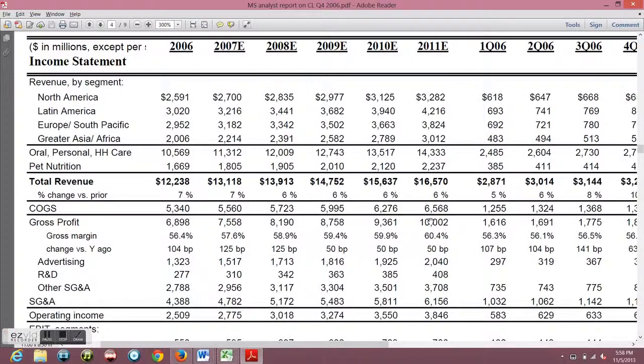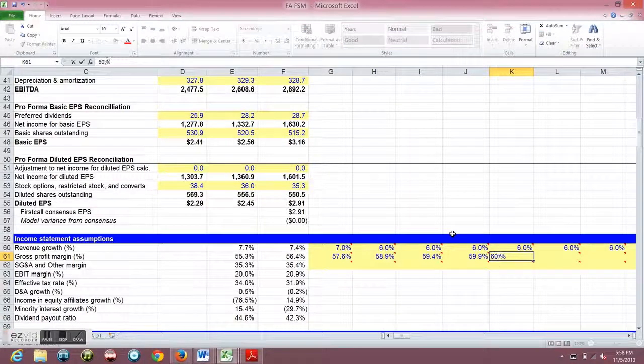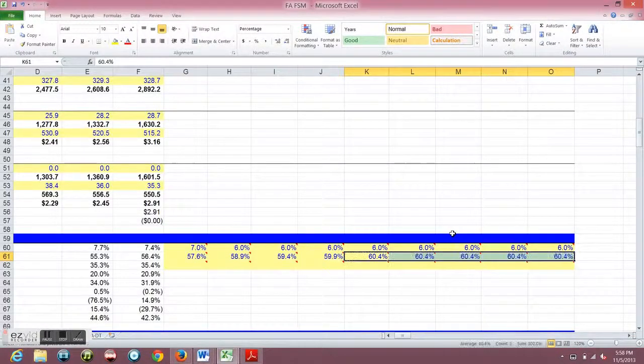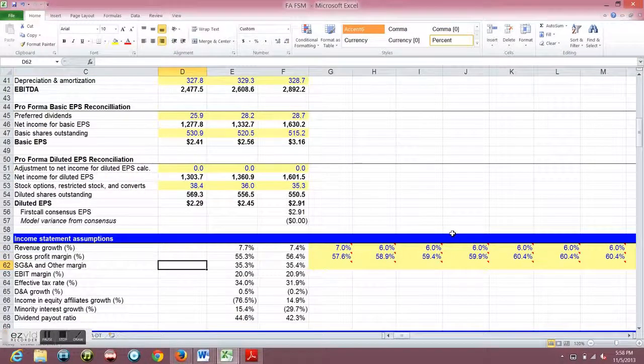And after 2011, we don't have any information, so what we're going to do is straight line our 60.4. Okay? Next we have SG&A and Other Margin.